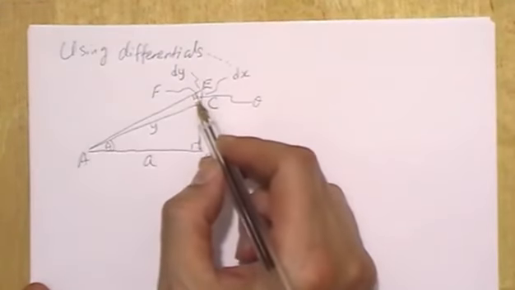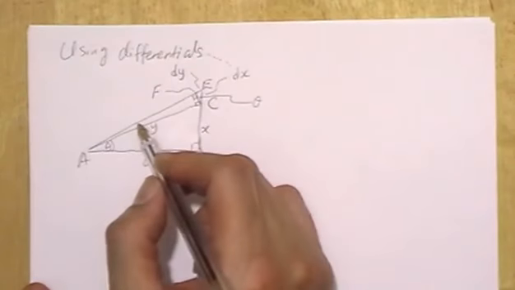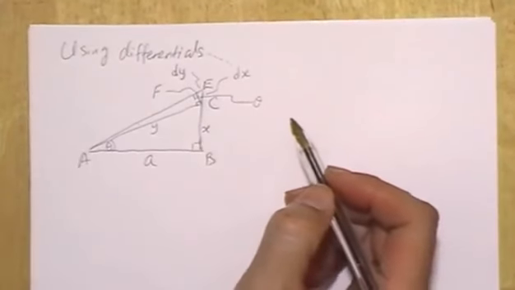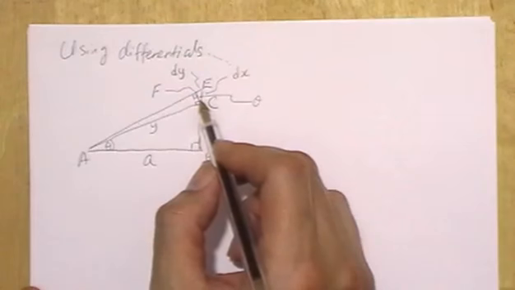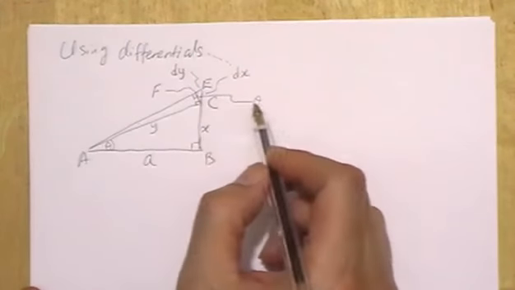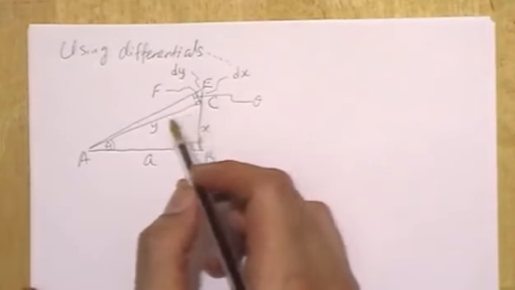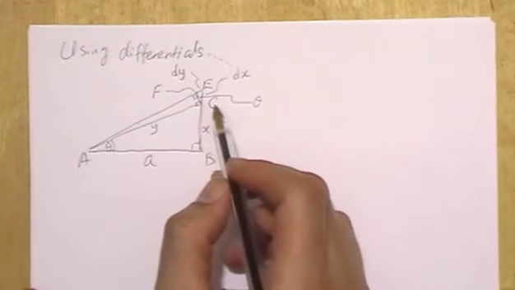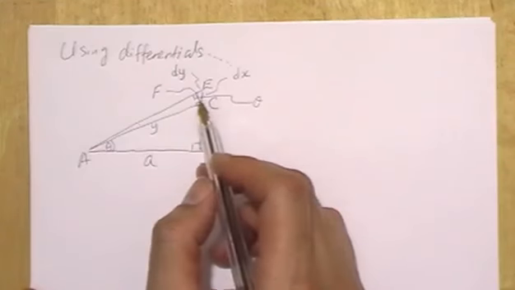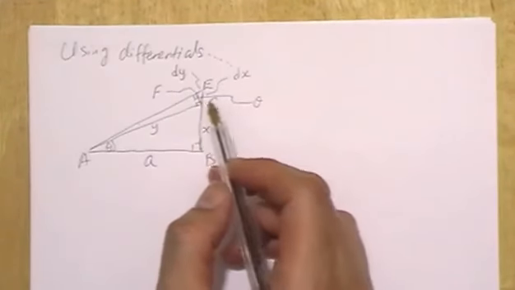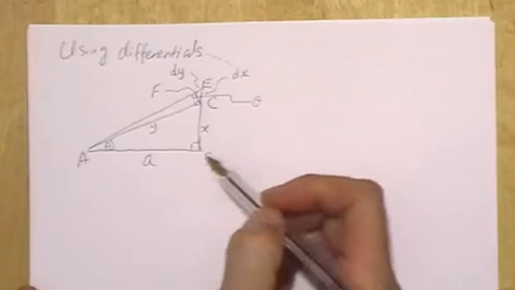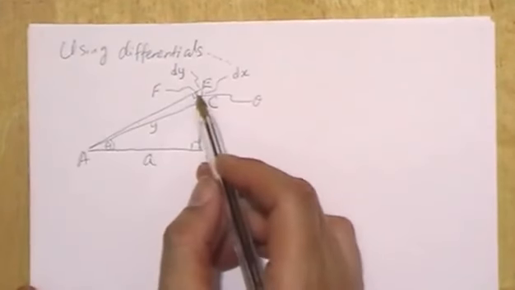So those two are very close to 90 degrees, which means that this is actually very close to 0. Okay, so it probably doesn't make sense if you want to be very rigorous about this. But for a very small change, this would be approximately correct.